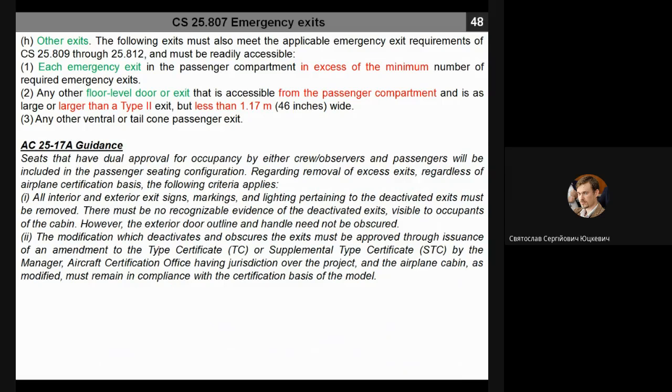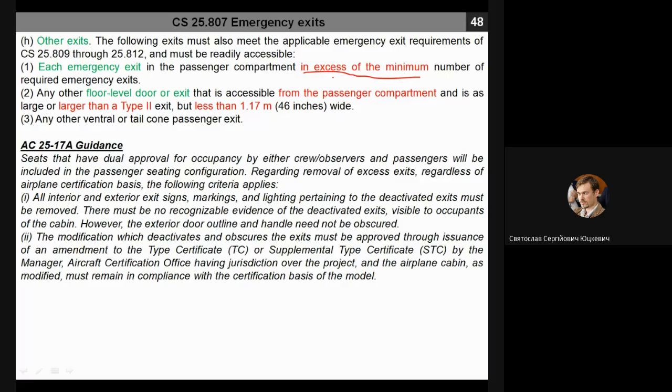Okay, so next one. Each emergency exit in the passenger compartment must be determined to the minimum number of required emergency exits with the limitations, and any floor level door or exit larger than type 2 exit must be not less than 1.17 meters wide.